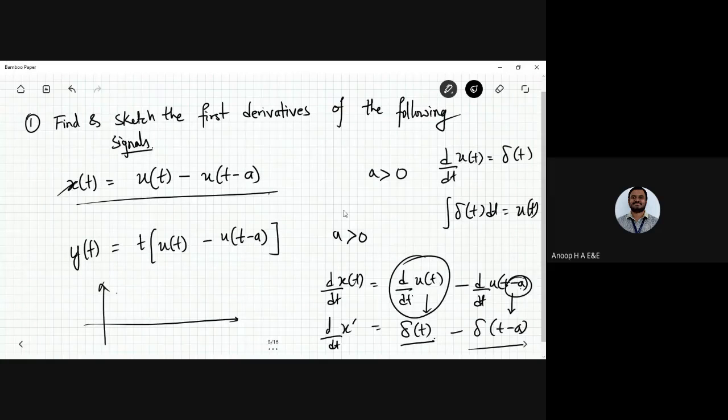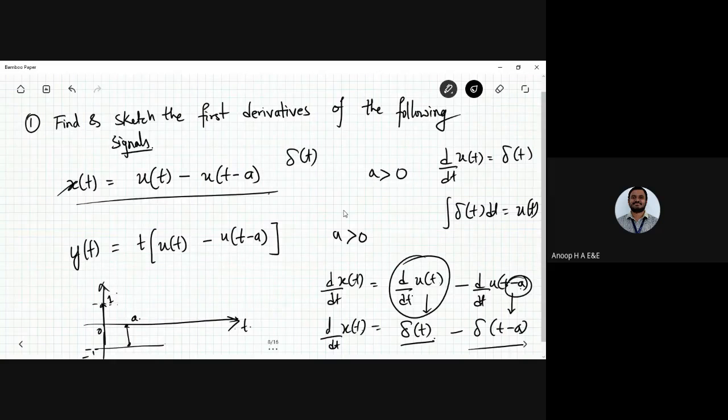So d by dt of x of t. Again, if I want to sketch the signal, that is delta of t. Delta of t would be from 0 to 1. Now next, delta of t minus a, that would be like this. With the negative sign, minus 1, and this is a. So this is minus 1, this is 1 there. So this is how we are going to get the signal.